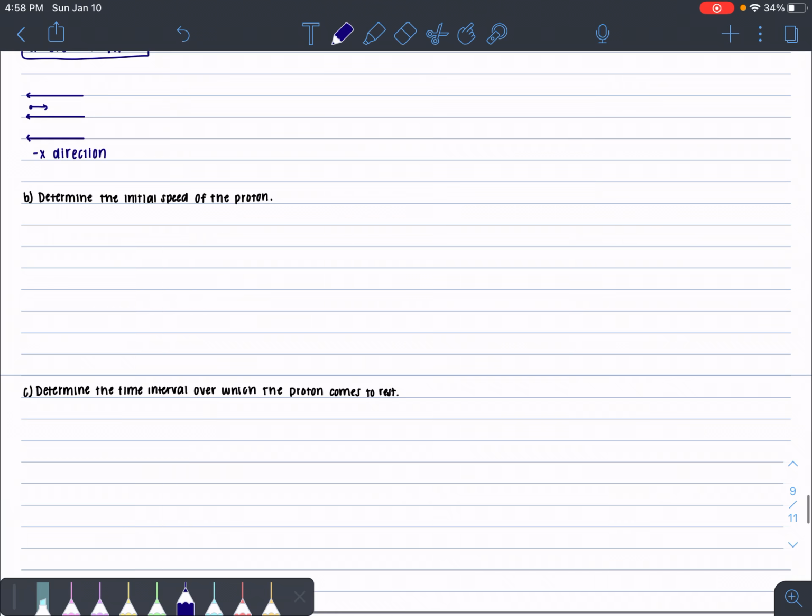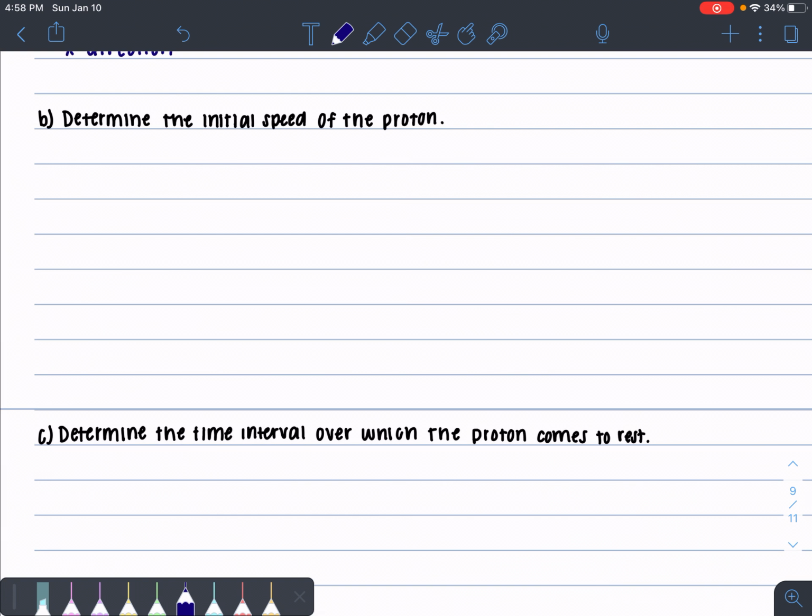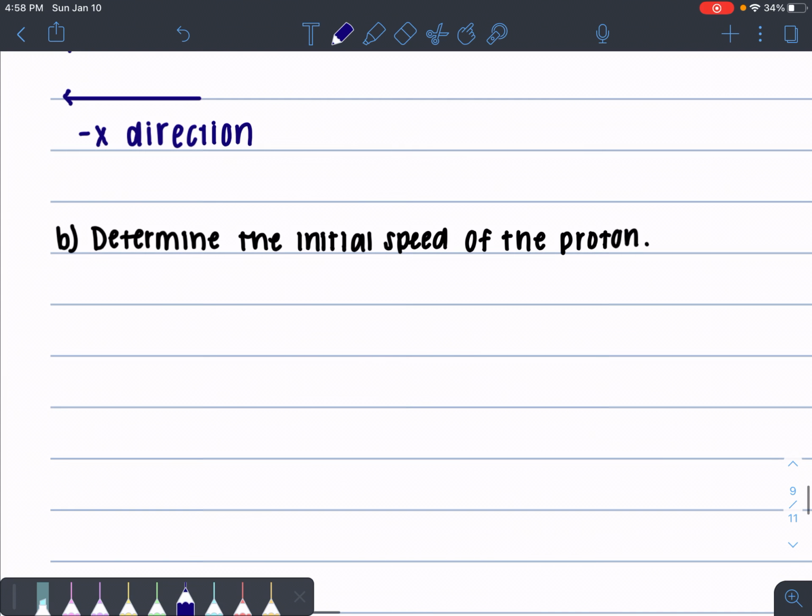Then it asks, determine the initial speed of the proton. So for this, I just used kinematics. So I have v squared is equal to v naught squared plus 2a delta x.